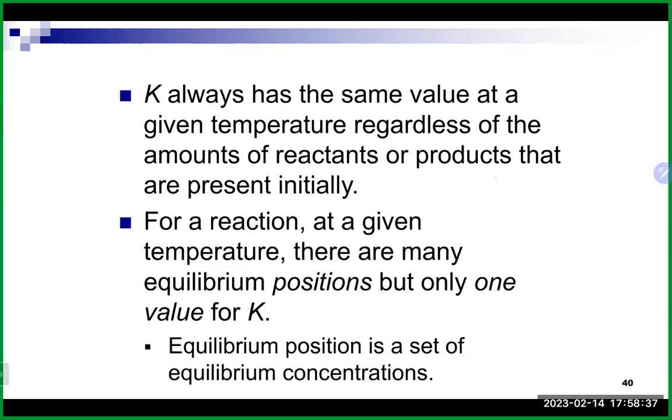And again, there are many different ways we could divide to get to 2, so it's kind of the same idea. No matter what we start with, although our reactant concentrations may be different than our products in different experiments, the ratio of the products to reactants will always end up being the same value, as long as you keep that temperature the same. So as we talked about there, any questions on that?